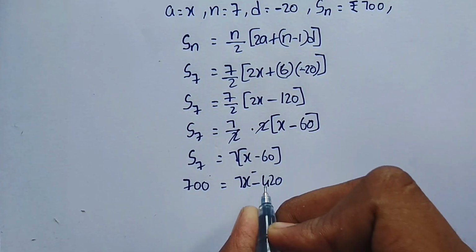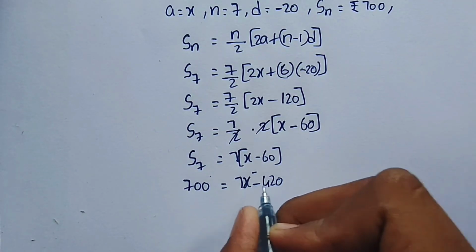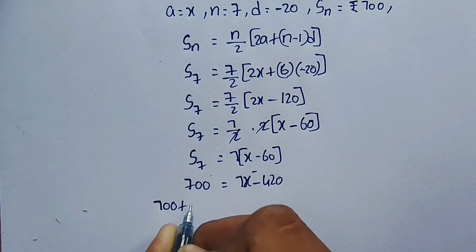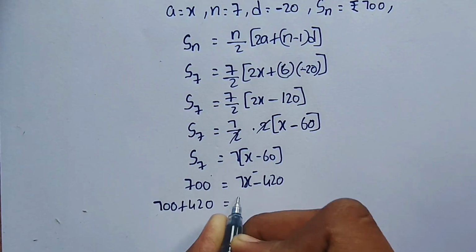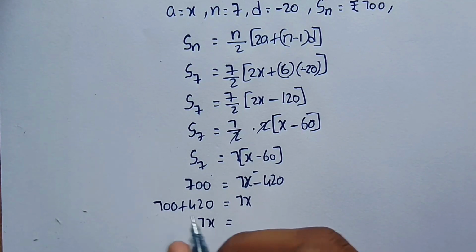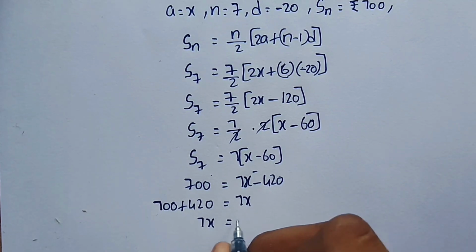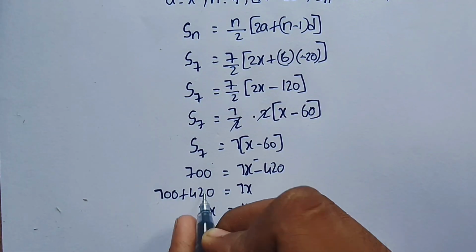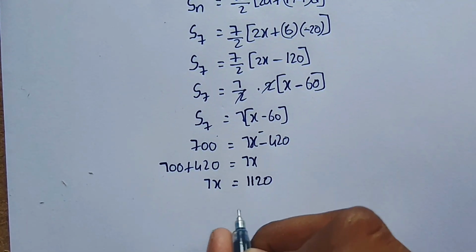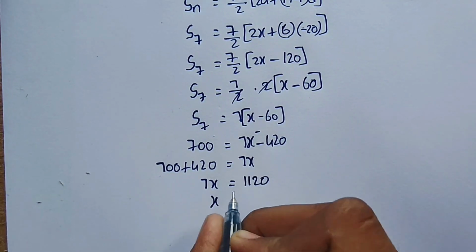If you transpose minus 420 to the right side, it becomes plus 420. So 700 plus 420 is equal to 7x. We can write this as 7x equals 1120. Here 7 is multiplying x.